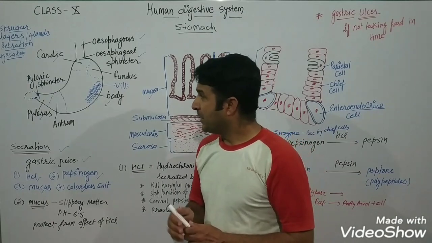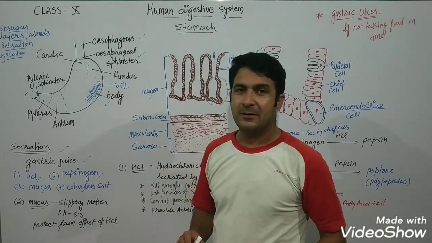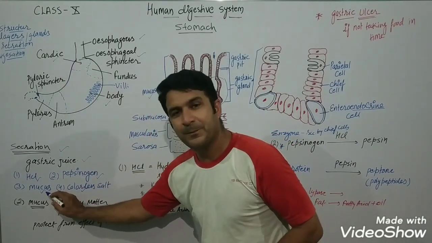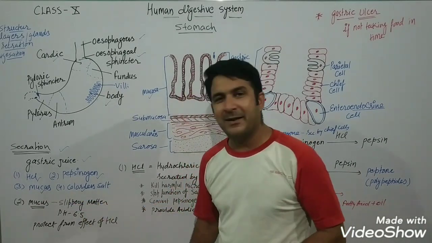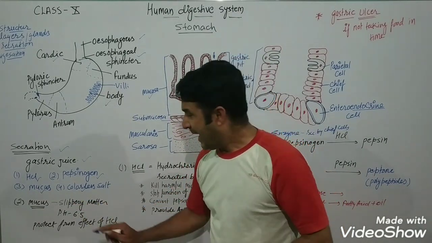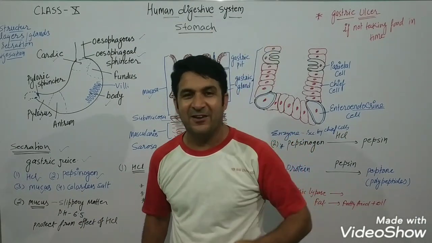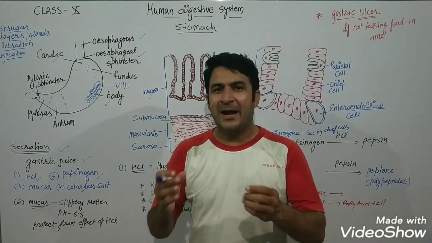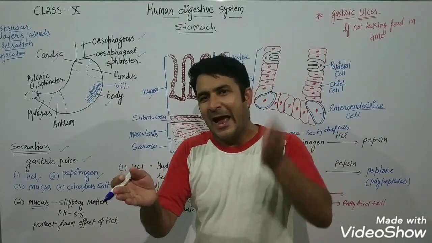And for that, the cardiac region and the pylorus region, these two areas in the stomach, secrete mucus, right? What is this mucus? Mucus is a slippery matter having a pH of 6.5 to 8.5. It is basic by nature, and you know very well that basicity can reduce the effect of acidity.